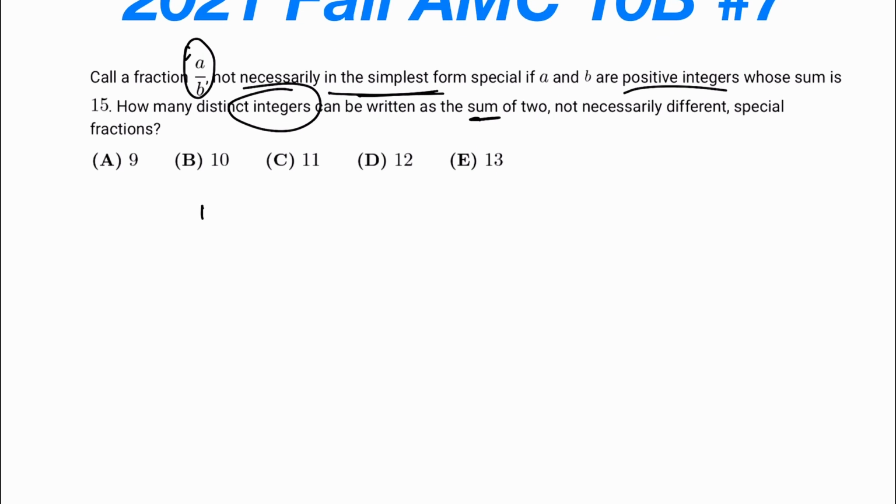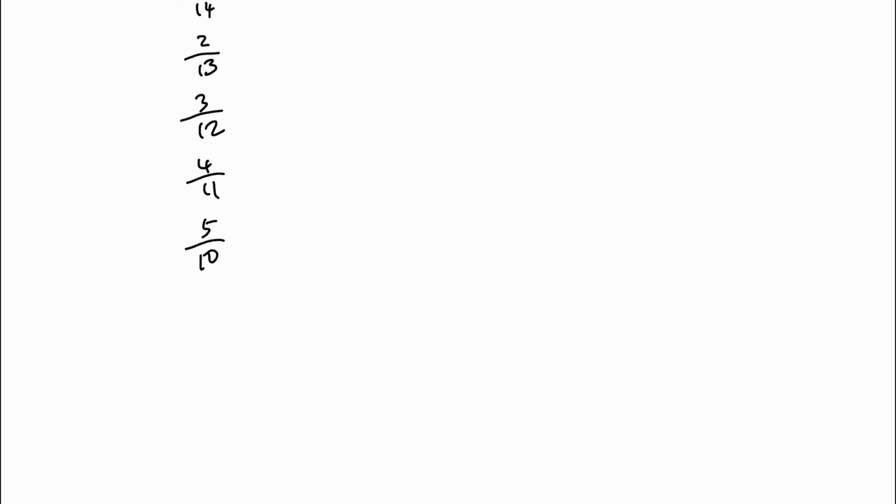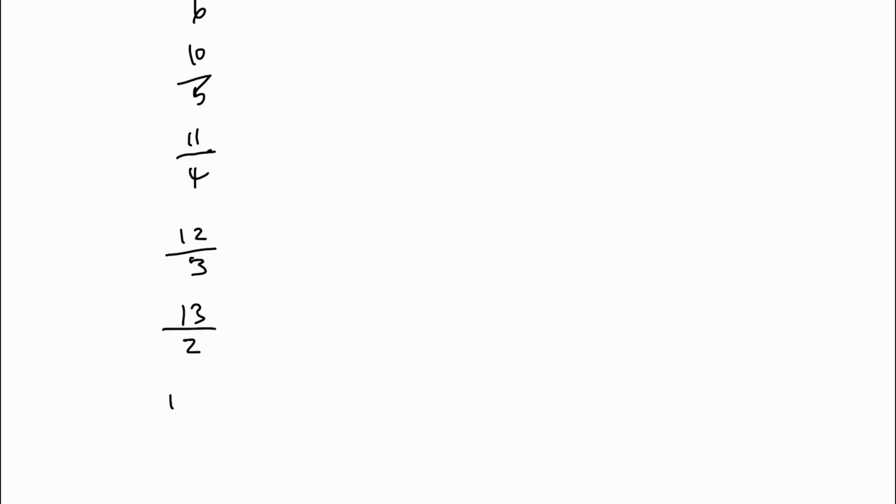We have, let's say, 1 over 14, 2 over 13, 3 over 12, 4 over 11, 5 over 10, 6 over 9, 7 over 8, 8 over 7, 9 over 6, 10 over 5, 11 over 4, and 12 over 3, 13 over 2, 14 over 1, and 15 over 0. That doesn't exist because we want b to be positive.